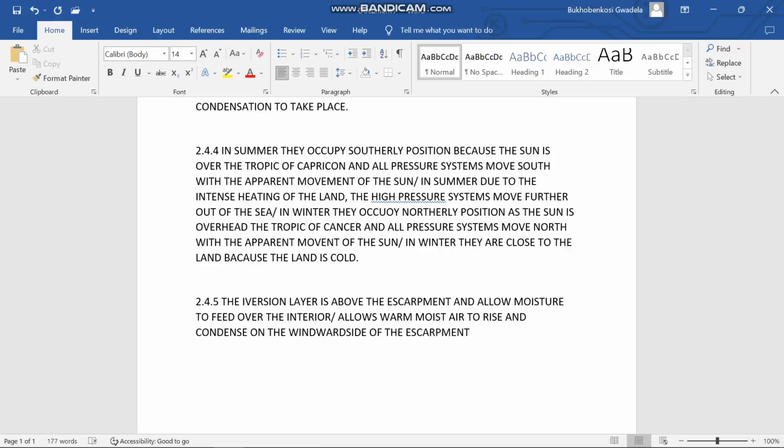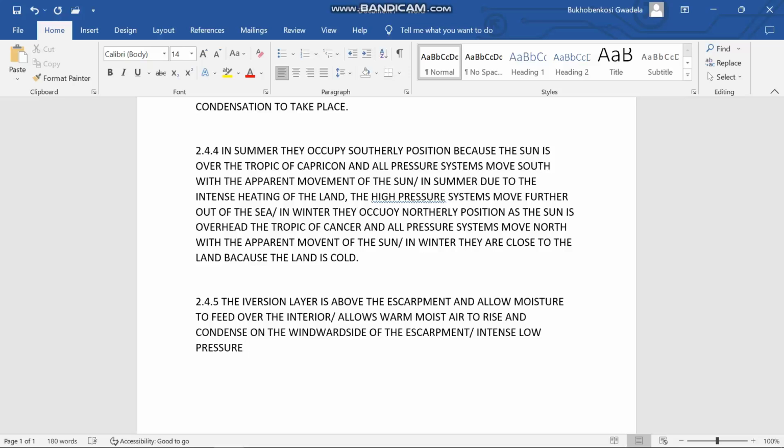Or you can also say intense low pressure over the land in summer leads to the convergence of moist air.